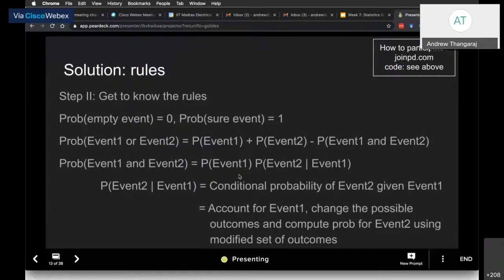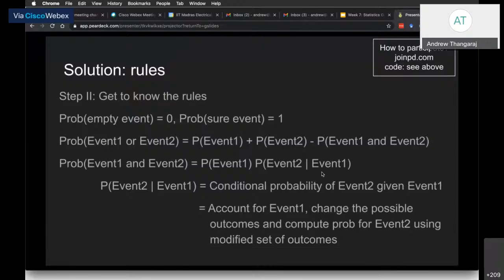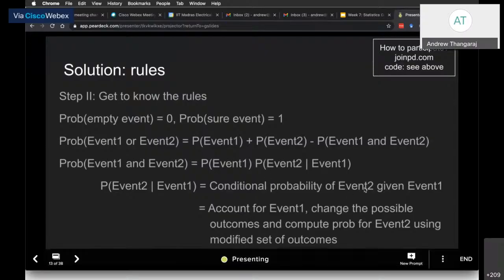So how do you find the conditional probability? We did that in one of our previous examples. If you want conditional probability of event 2 given event 1, you account for event 1. You take the outcomes that can only happen within event 1, change the possible outcomes, and recompute the probability for event 2 using the modified set of outcomes.